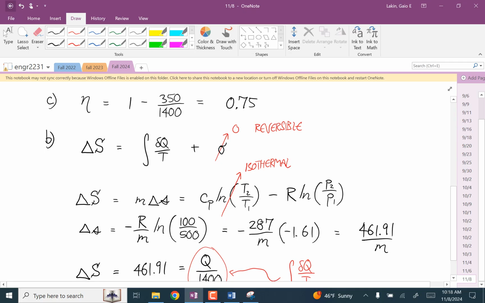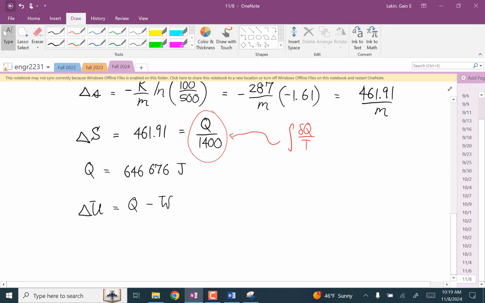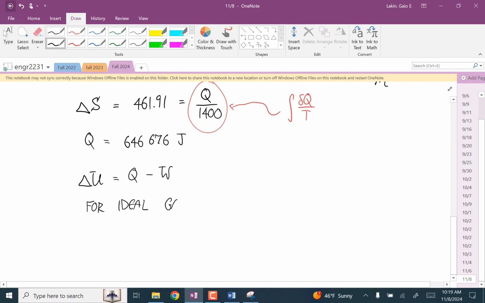And then the work. Well, the first law says the change in internal energy is equal to heat minus work. For an ideal gas, we know that the change in U is equal to CV times the change in temperature.